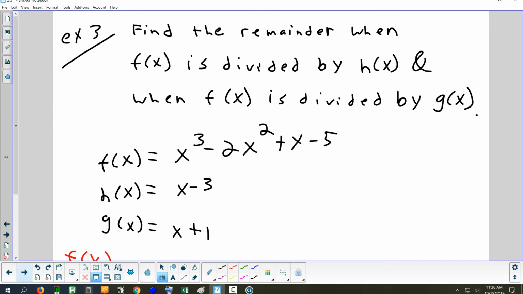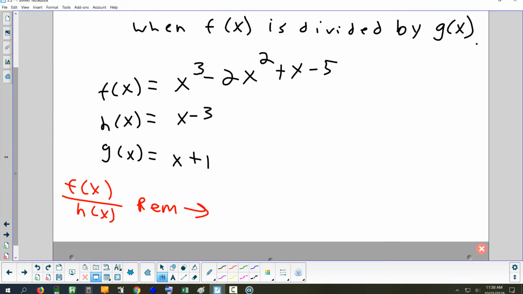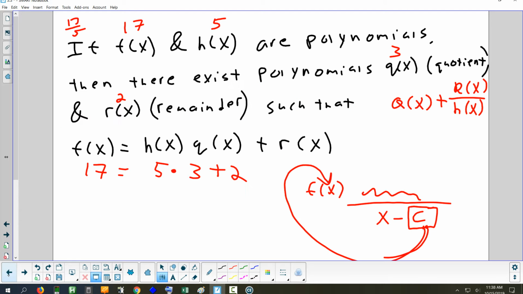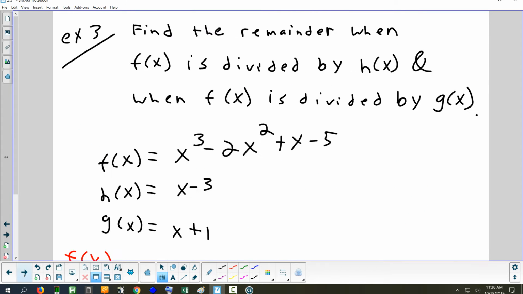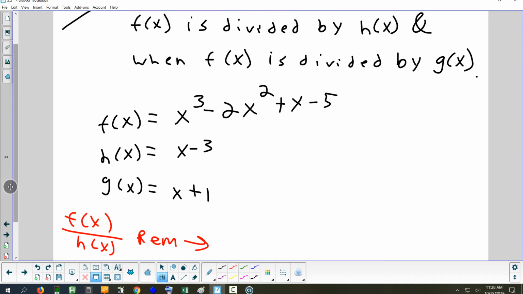So what is the number here? 3. Careful, remember you're just looking for what number would be in that box. Oh, 3. Okay, a little tricky. Just the number that's in the box. 3. Plug that in for x, and you will know your remainder. Okay? When you divide by x minus 3.